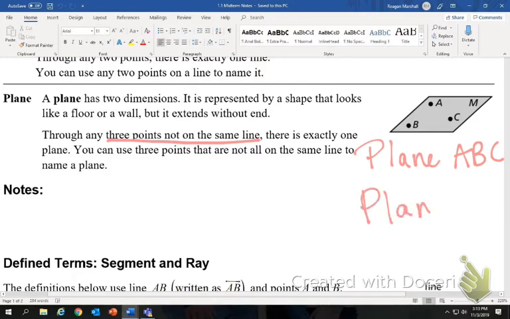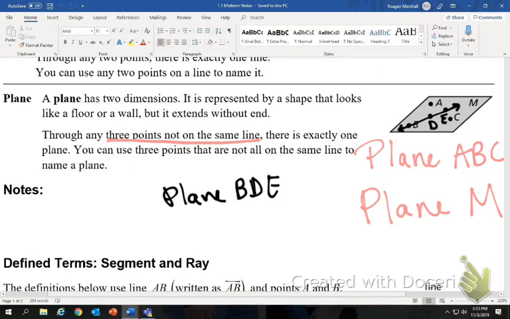Or you can use the one letter off to the side. There's no dot at it, so this represents that it's actually the name of the plane. So you could say plane M. But again, you cannot use 3 points on the same line. So if, let's say, I had a line that went through B and it had D and E, I could not name this plane BDE.